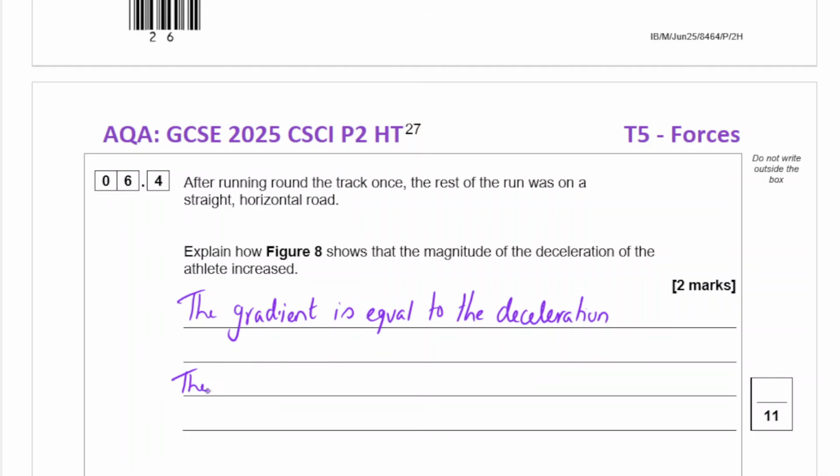The magnitude of the gradient, or deceleration, increased.